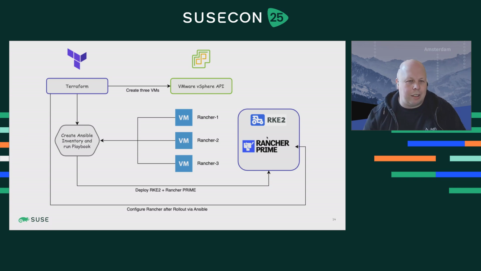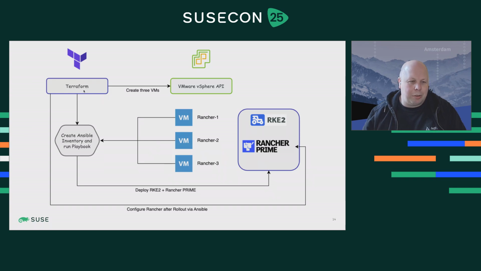So here we have this whole thing now in a graphic format. So we start with Terraform, which will then create, for example, in the normal deployments, 3 VMs. For example, on the VMware vSphere hypervisor, here we have some templates which we will use, which will then create 3 specific Ubuntu VMs.